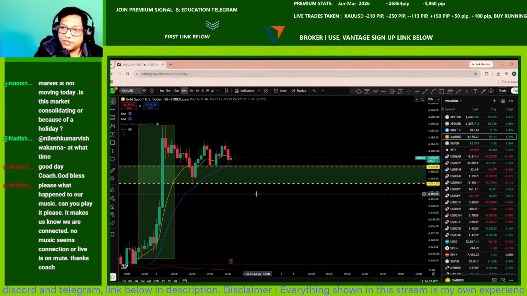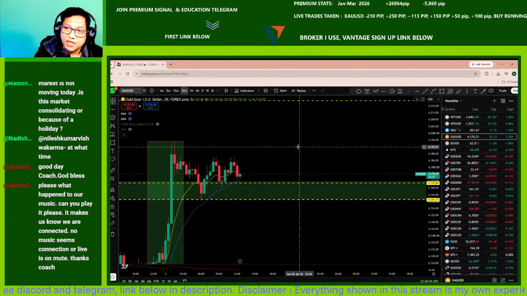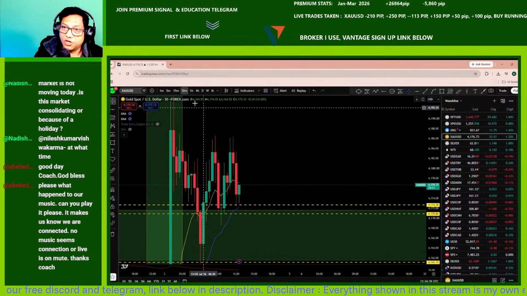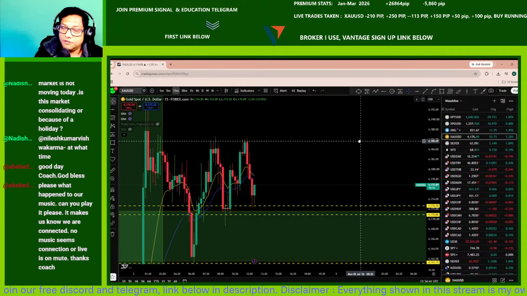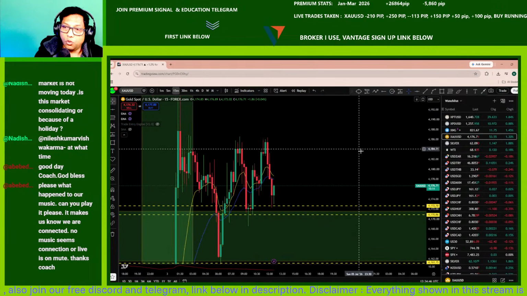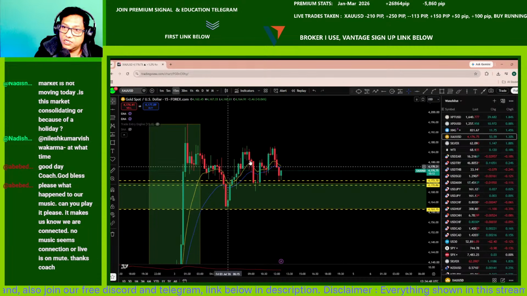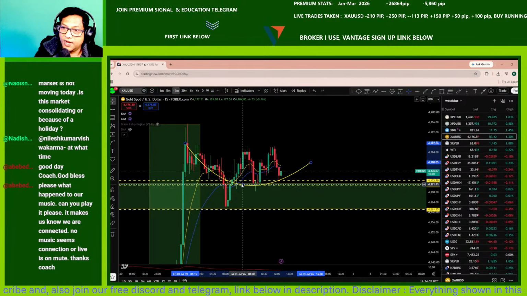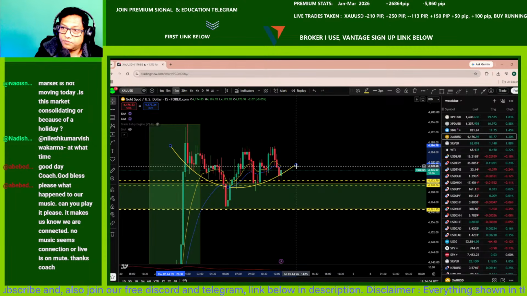Now this is the 30 minutes chart where the market is approaching the 30 minutes 20 EMA that you can see, and also the 15 minutes, the market just below the 15 minutes 20 EMA, which shows that this is the current dynamic level of support at that level that you can see.